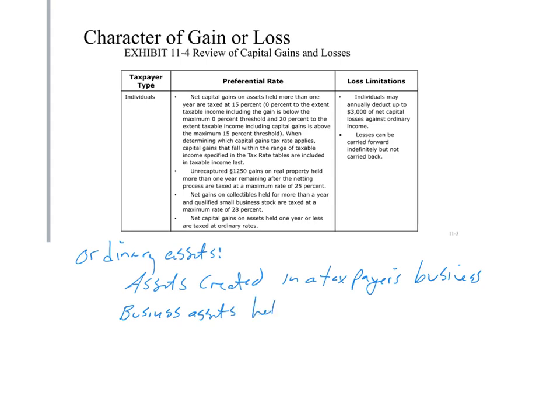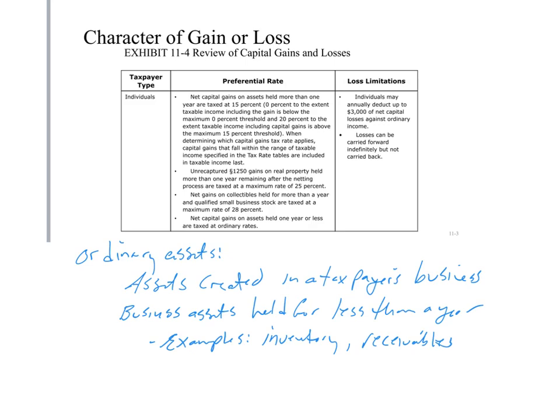Business assets held for less than a year. And so what are good examples of these things? Inventory, receivables, all right, those are great examples.